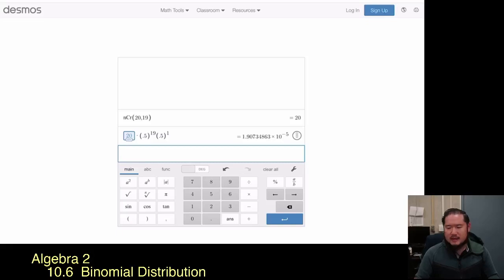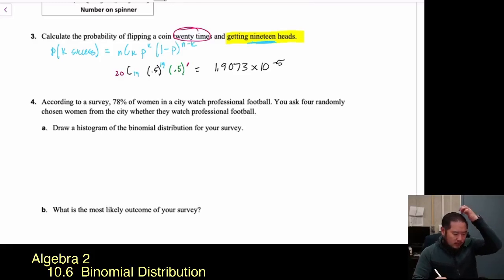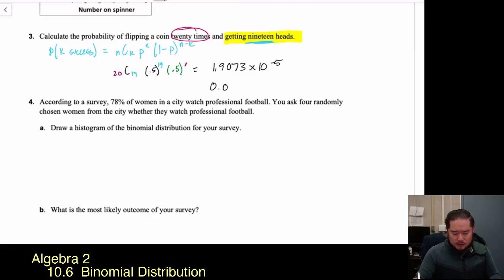I get 1.9073 times 10 to the negative fifth power. If we put that into a number that we're a little more familiar with, we move that decimal point to the left, and this will become 0.000019.